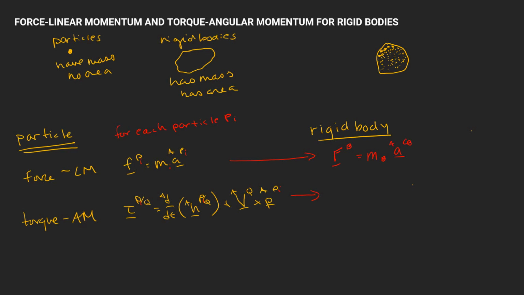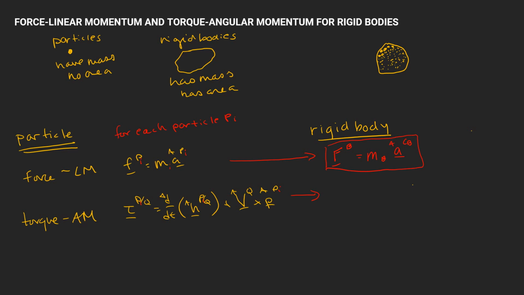And that I'm going to call CB. Sometimes I will also just refer to it as C, but C or CB, that means the center of mass of that body. And so this equation is actually very straightforward to use.